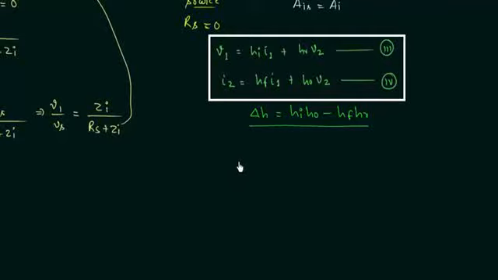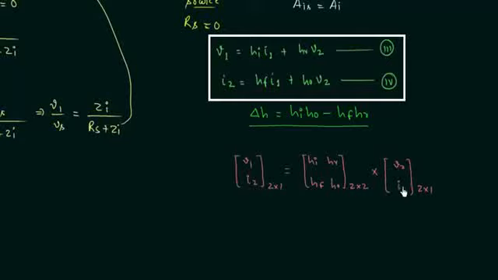We can also express the two equations in the matrix form, and we have a 2 by 1 matrix having the elements V1, I2 equal to a 2 by 2 matrix having the elements HI, HR, HF, HO multiplied with another 2 by 1 matrix having the elements V2, I1.